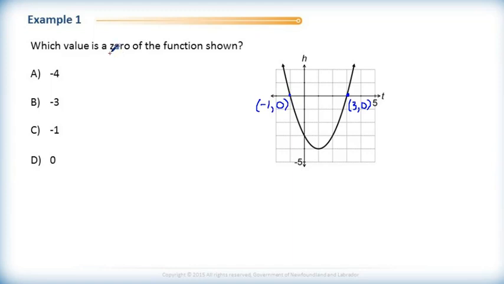So in other words, we have a 0 at each x-intercept. So let's see, negative 4 is not one of our two x-intercepts, negative 3 is not, negative 1 is, and C is our correct answer.